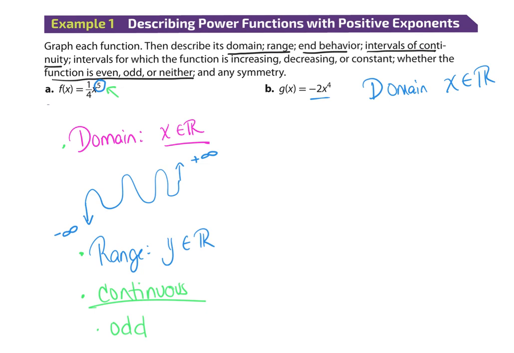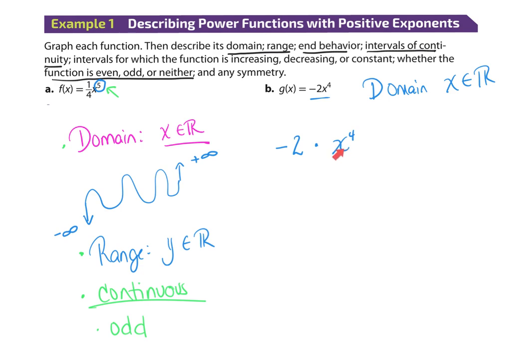There's no way my y value is ever going to be positive. Why do I know by looking at it that my y value will never be positive? Right, they threw a negative in here. So I have negative 2 times x to the 4th. x to the 4th will always be positive. Why? Because it's an even power. If I plug in 2, I'm going to get a positive.